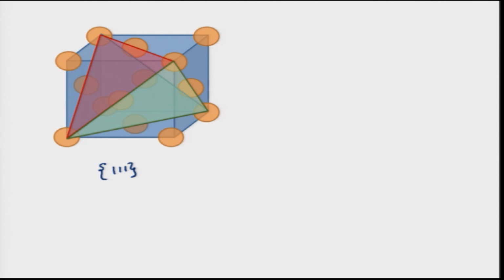So, this will become like this. So, we have 4 different 111 planes over here, and if you recall from our earlier lecture in part 1, FCC has 4 different possible 111 planes and of course their negatives.